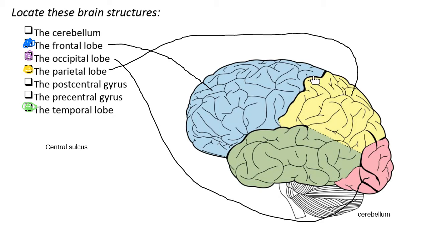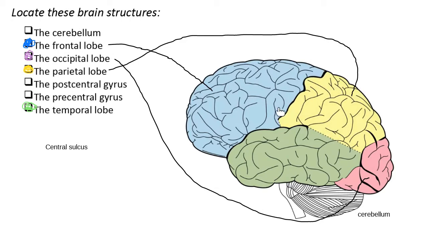When I point to the bump that's right here in front of the central sulcus, what's this bump right here called? Yeah, this is the one that's in front.